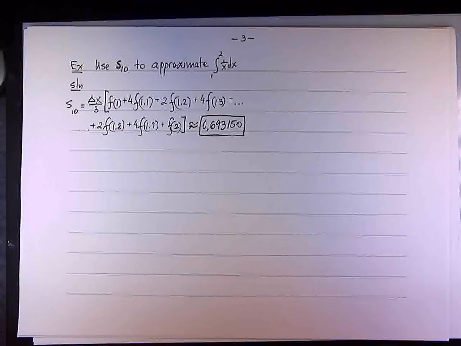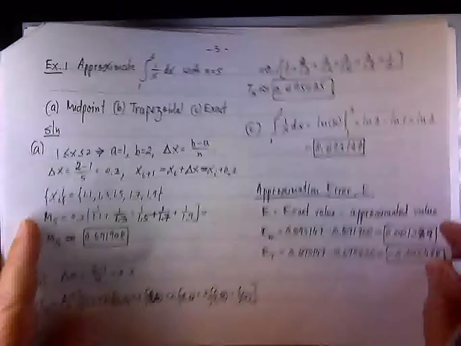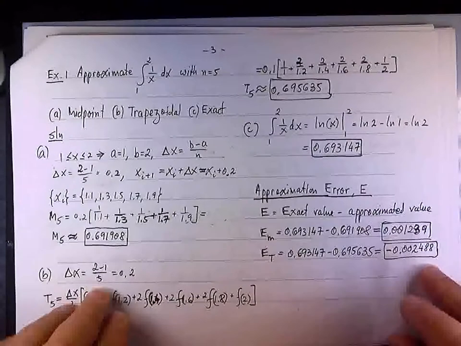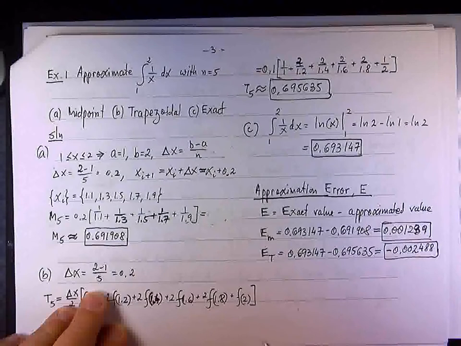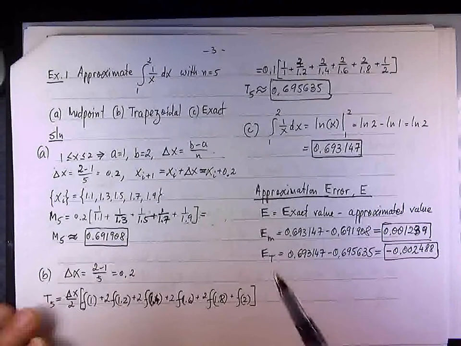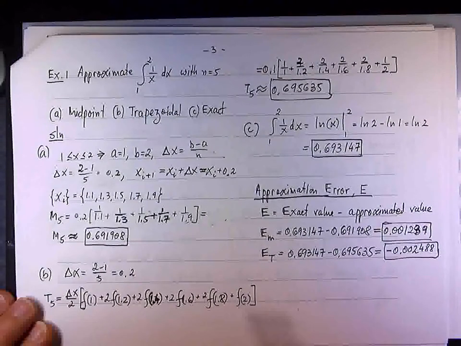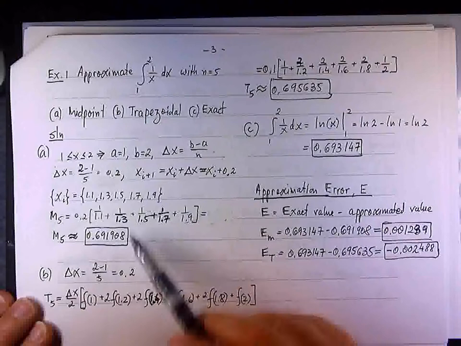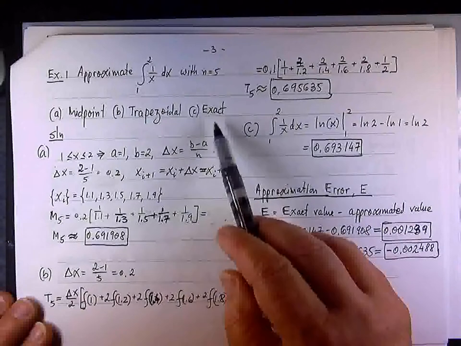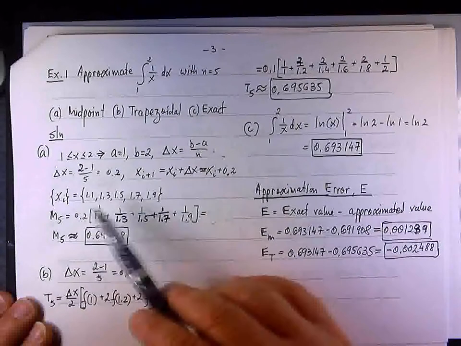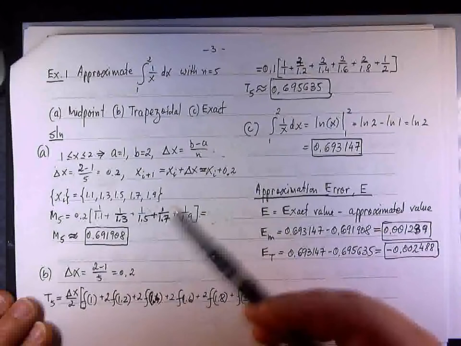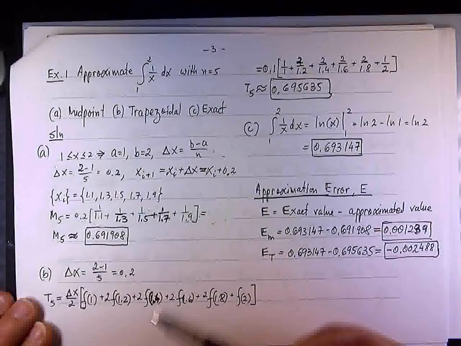Let me bring the actual value from last time. Those are the results from last time. If you recall, we calculated using the trapezoidal rule with 5 subintervals.